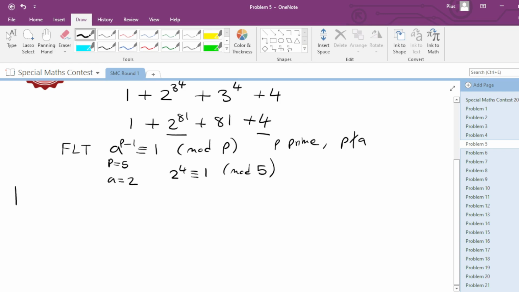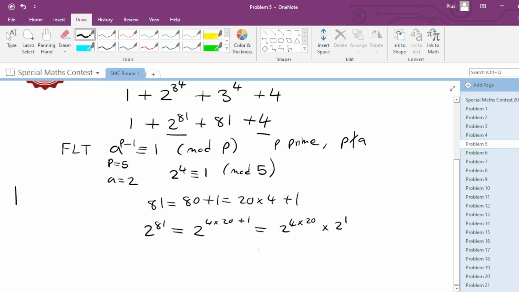So we see that 81 is equal to 80 plus 1, which is 20 times 4 plus 1, or 4 times 20 plus 1. So 2 raised to the power 81 is actually 2 raised to the power 4 times 20 plus 1, and this is 2 raised to the power 4 times 20, times 2 raised to the power 1. What we're using here are just laws of indices.